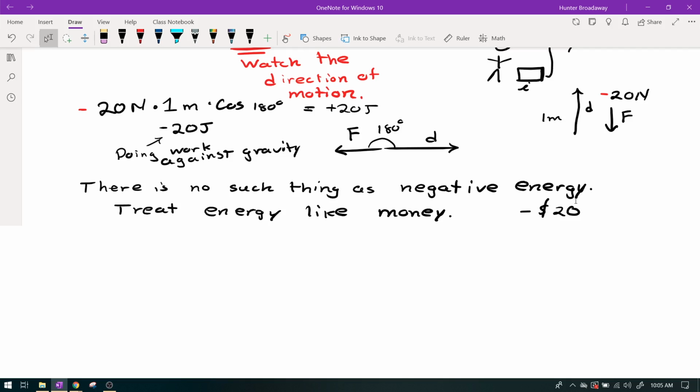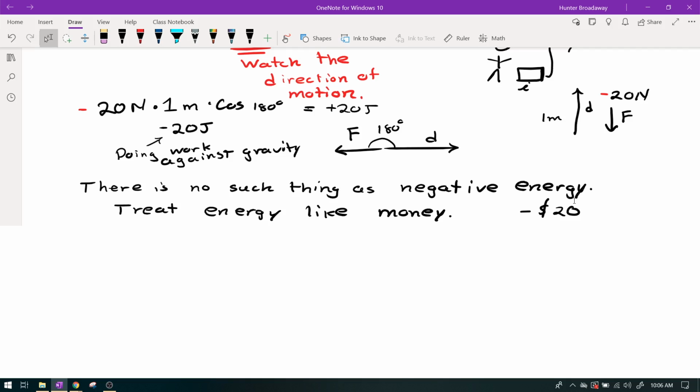Okay, so whenever we're dealing with these concepts, we need to treat energy like money. Work is just the process of transferring that energy from one location to another or from one process to another. So work is how we actually achieve the transaction, and energy is like the money when it comes down to it.